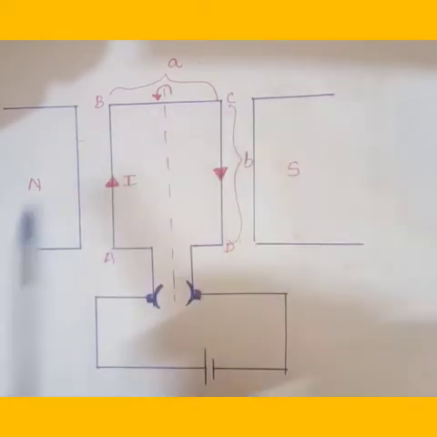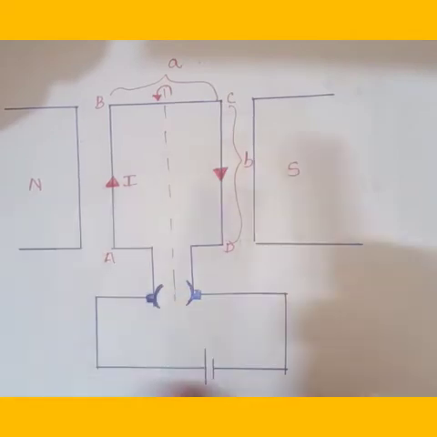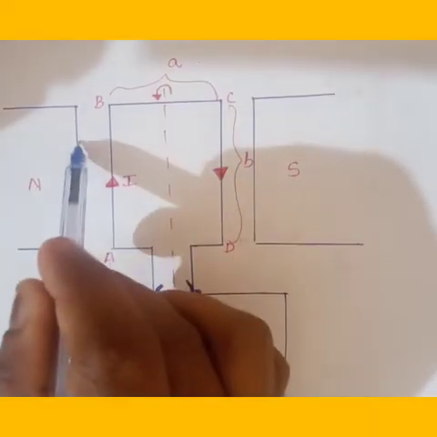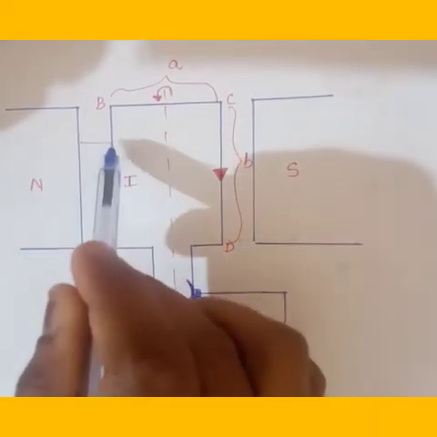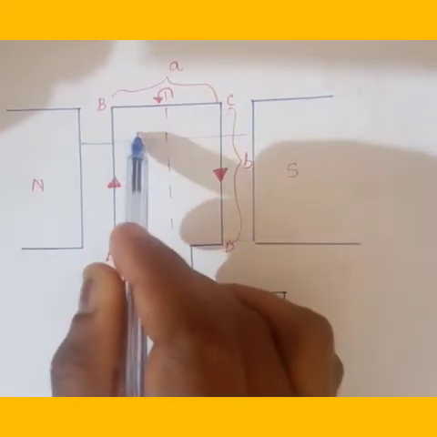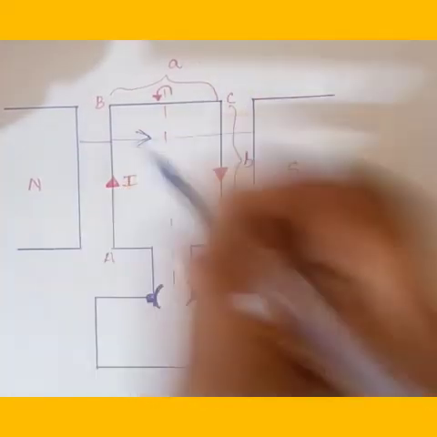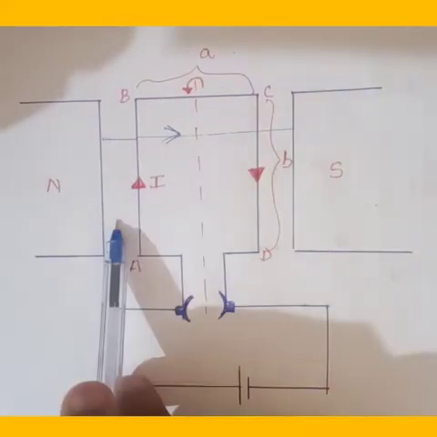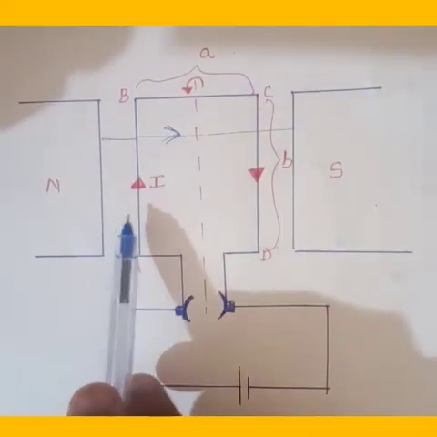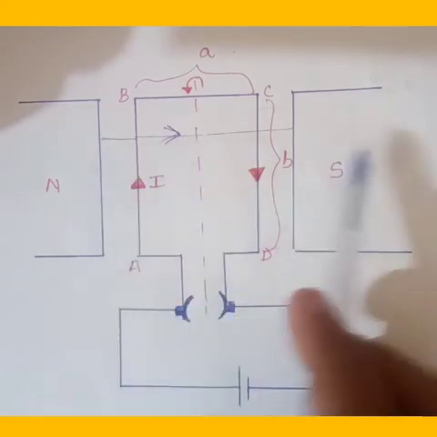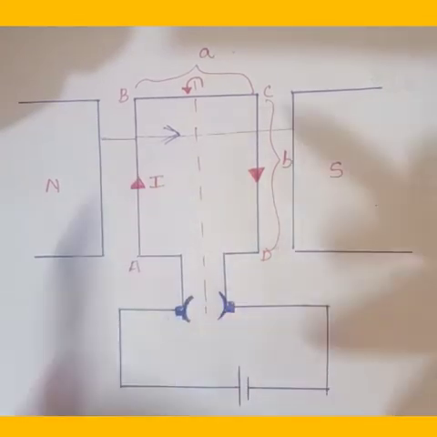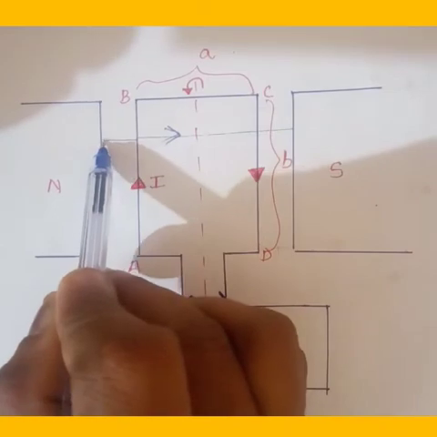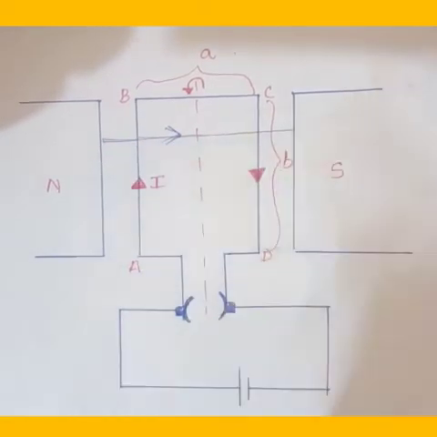You know that the magnetic field is from north to south, starting from the north and merging into the south pole. So for simplicity, we consider the coil placed such that the field is in the plane of the loop. Here the direction of the magnetic field is in this direction.